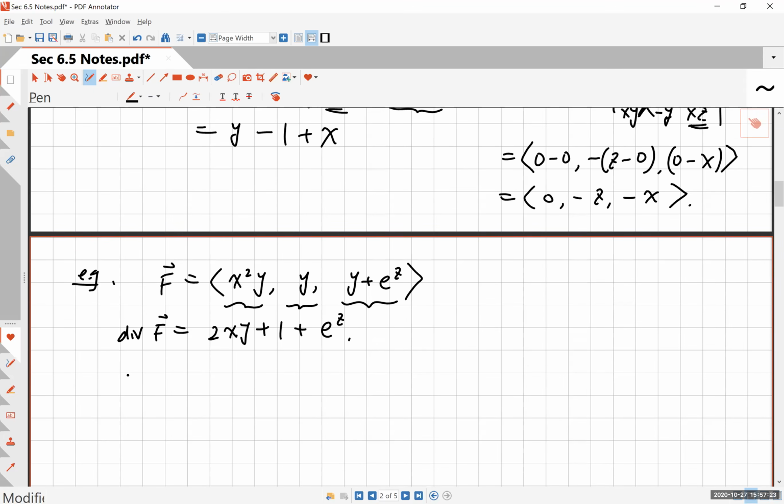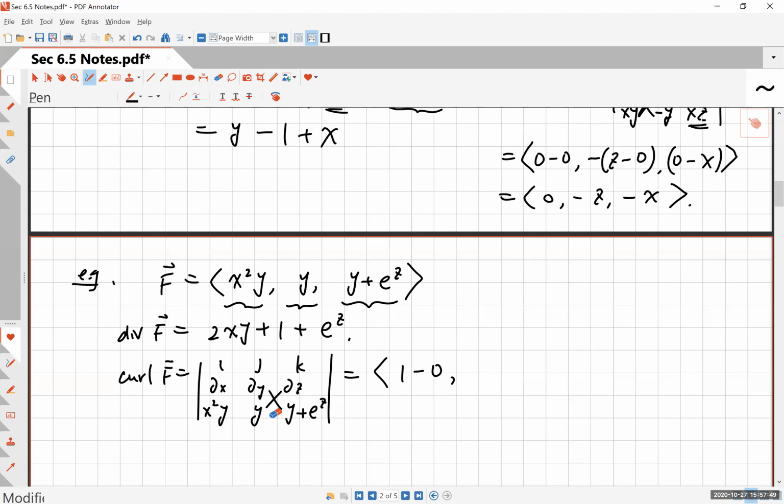And how about the curl? Now the curl is again more complicated. You do i, j, k, partial x, partial y, partial z, x squared y, y, plus e to the z. I like to have brackets and I do this minus that. You can easily see that it's going to be 1 minus 0 for the first one.